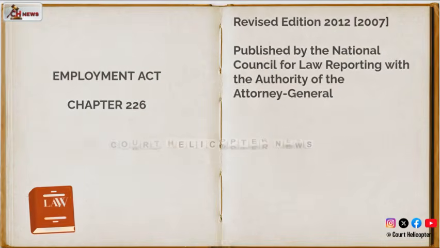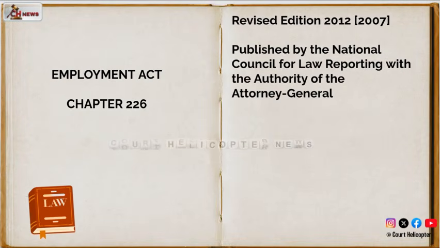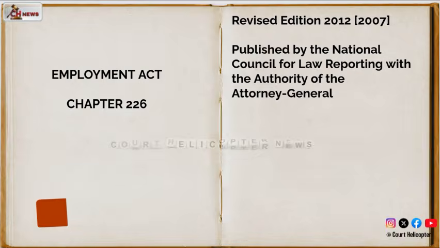Welcome to Court Helicopter News, the fourth explainer today, where we are looking at the Employment Act, Chapter 226. How does the law see separation between an employee and employer?